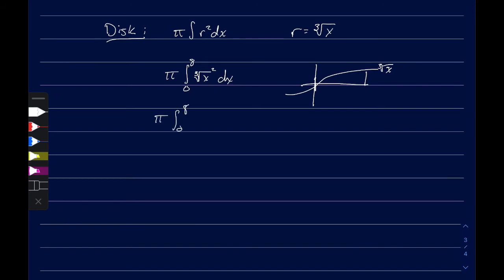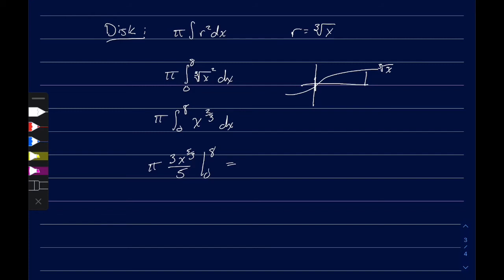So we have pi times the integral from 0 to 8 of x to the 2/3 dx. We can integrate this now. That's going to be x to the 5/3 times 3/5, from 0 to 8.